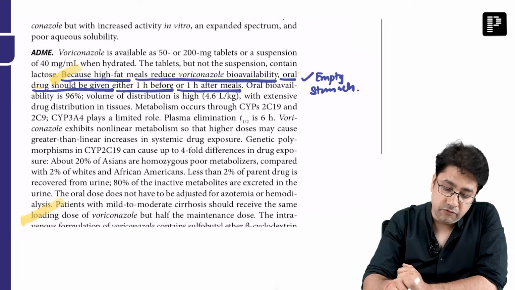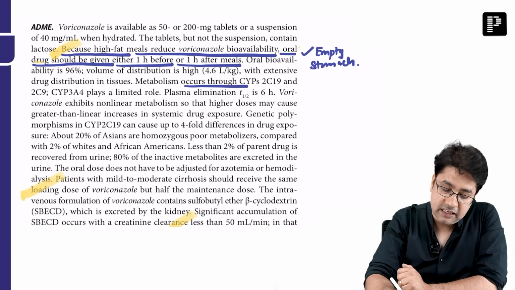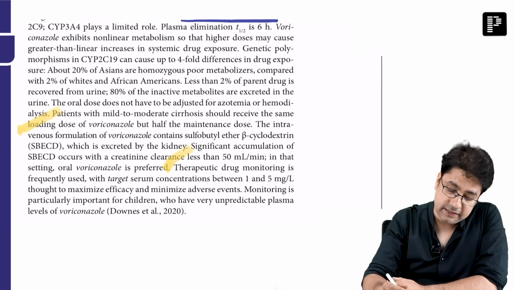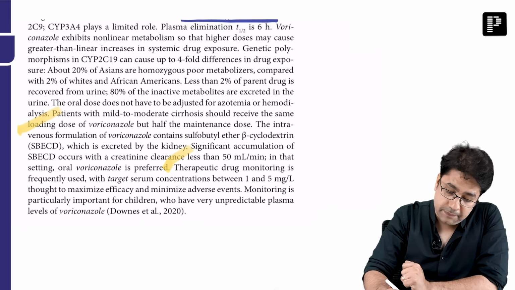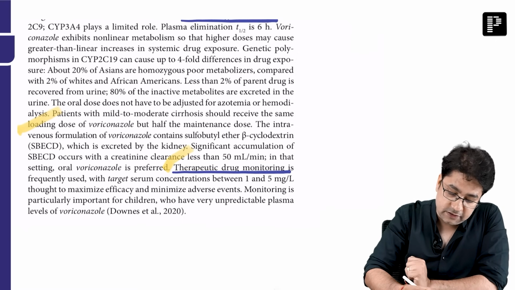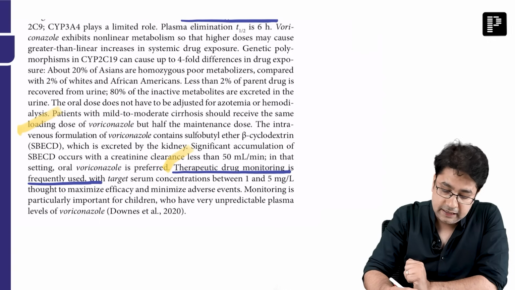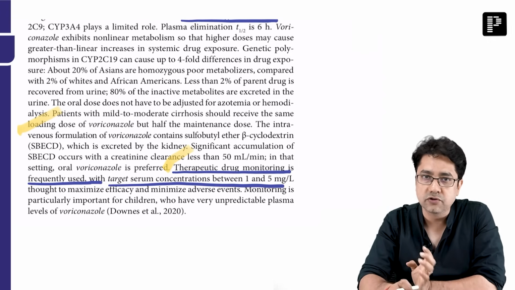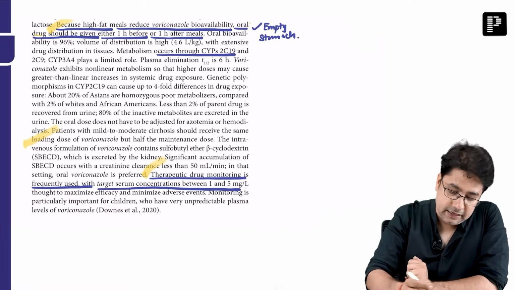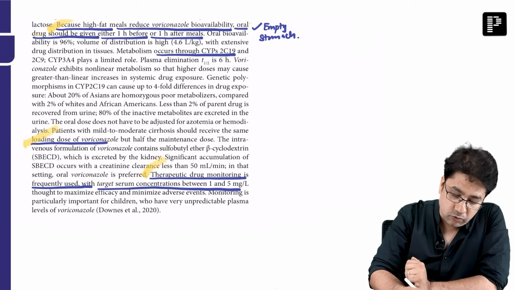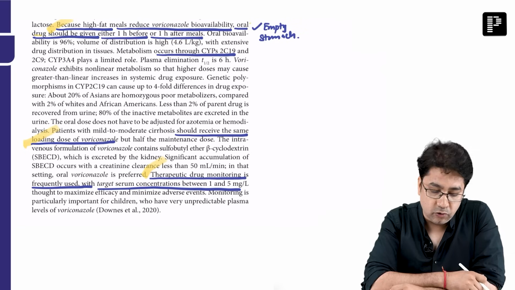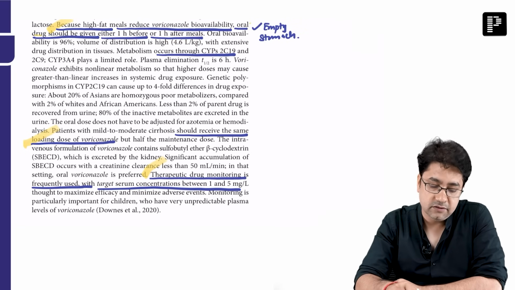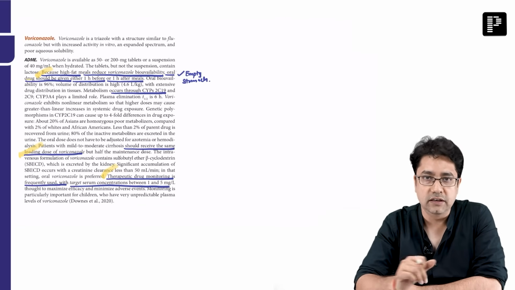Second point, voriconazole is metabolized by CYP2C19. Next, therapeutic drug monitoring is frequently used and the target serum concentration should be measured with voriconazole. And the last point is that patients should receive a loading dose of voriconazole. Okay. So these are the 3 correct options with voriconazole.